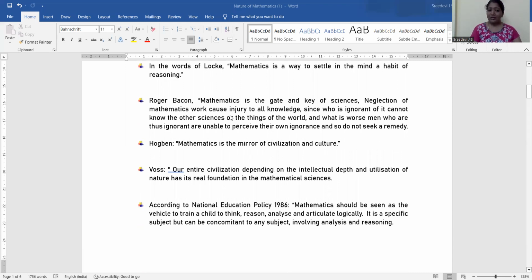Neglect of mathematics will cause injury to all knowledge, since who is ignorant of it cannot know the other sciences or the things of the world. And what is worse, men who are thus ignorant are unable to perceive their own ignorance and so do not seek a remedy. Then, according to Hogben, mathematics is the mirror of civilization and culture.